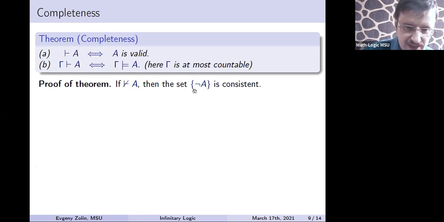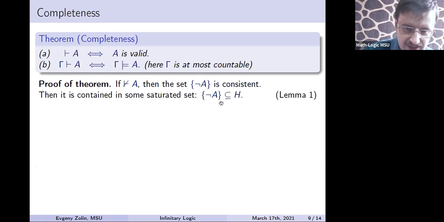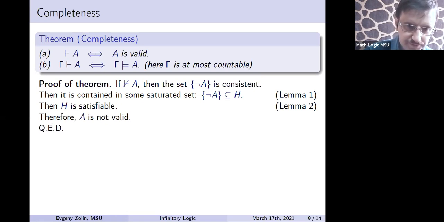Then by lemma 1, it is contained in some saturated set H, and by lemma 2, H is satisfiable. So negation A is satisfiable in particular. So there is an evaluation for which negation A has the value 1, so A has the value 0. So A is not a valid formula.